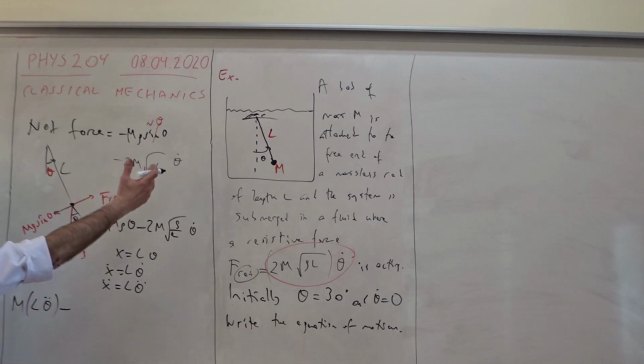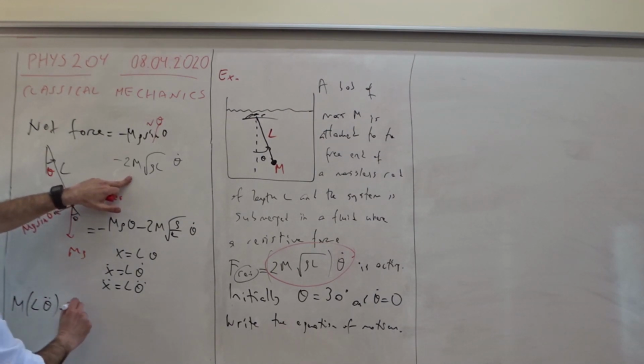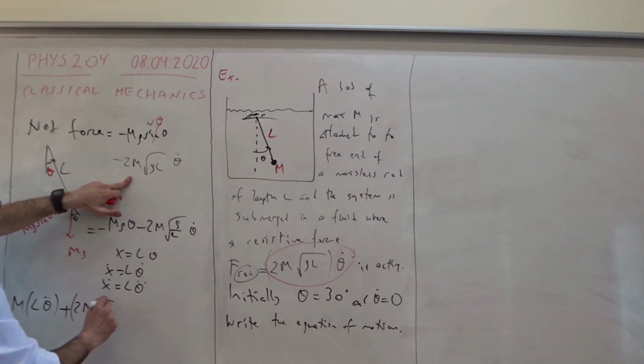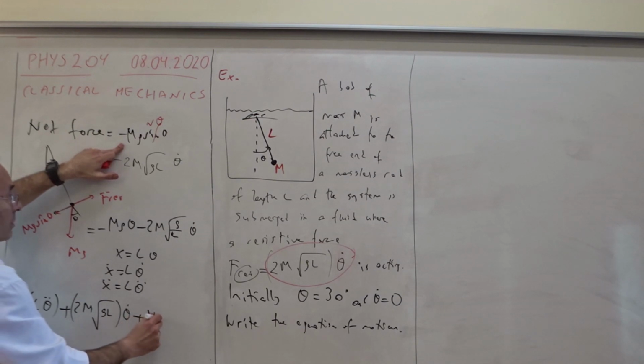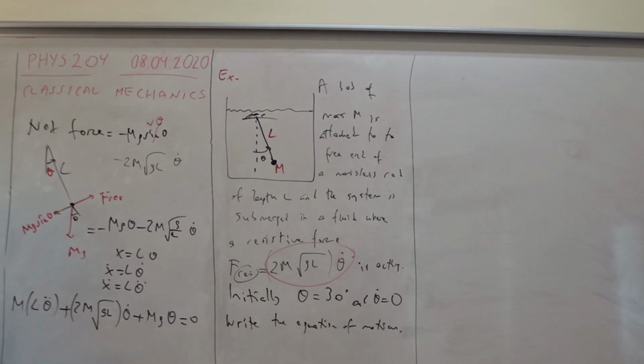If you take the two negative signs, the forces, to the left hand side, they are both positive, plus this term twice m root g times L theta dot, and plus the other one m times g times theta is equal to 0.